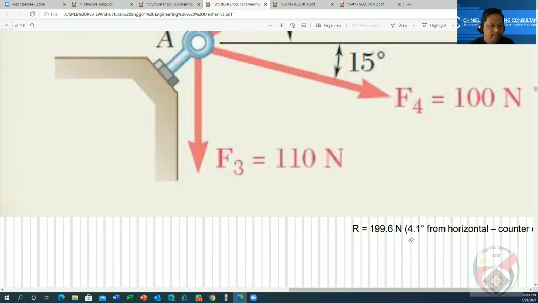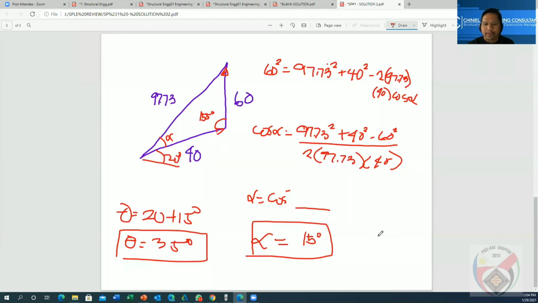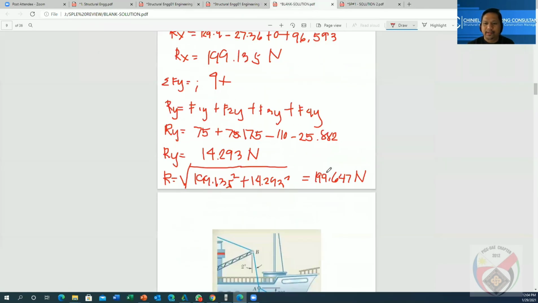Okay? So now the angle. Solve this angle, if it is 4.1 degrees. So our 199.647 is correct. Solve the angle. 4.1 po. That was fast. So, angle theta. Let's use the tangent. Theta equals the arc tangent of Rx over Ry. But we have to be consistent.